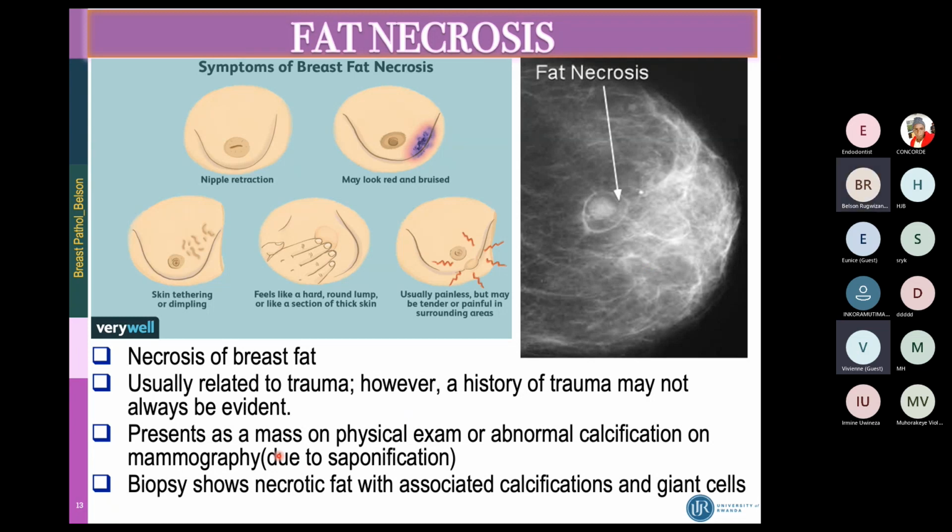I think in Rwanda maybe four hospitals have this machine. It is not just the regular X-ray, it is specific for the breast. I think Butare, Kanombe, and King Faisal are where we have them so far. Biopsy shows necrotic fat with associated calcifications and giant cells. These are multinucleated giant cells trying to engulf the fat which escaped from the cells.